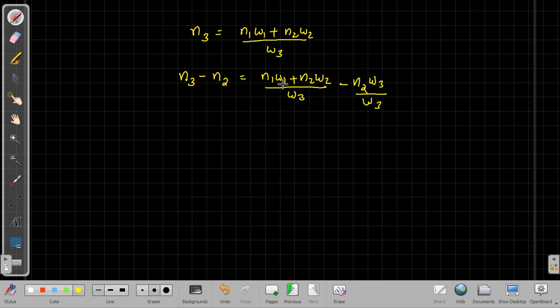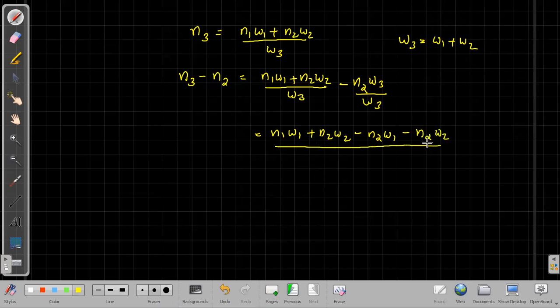Now what is omega 3? Omega 3 is nothing but omega 1 plus omega 2. So this becomes N1 omega 1 plus N2 omega 2 minus N2 omega 1 minus N2 omega 2, all divided by omega 3.